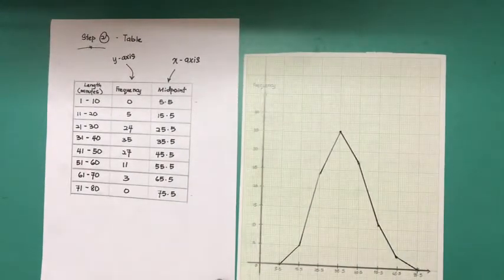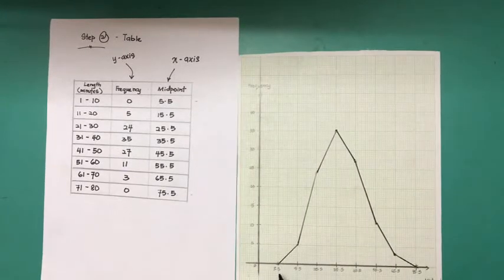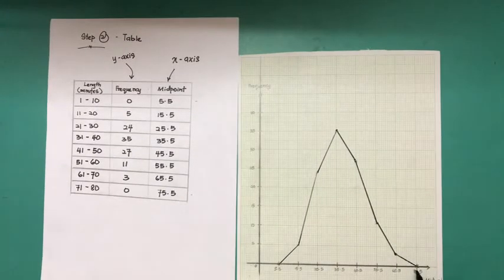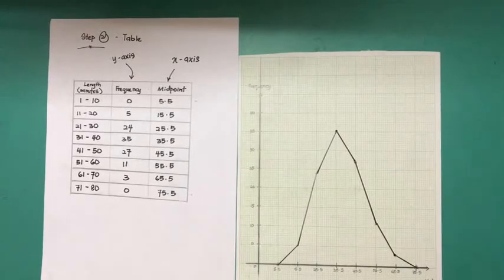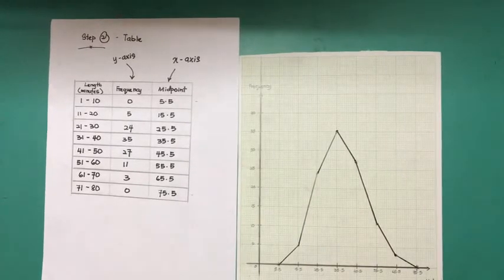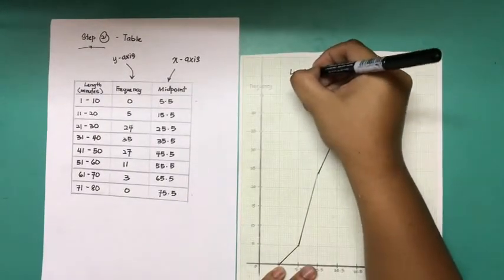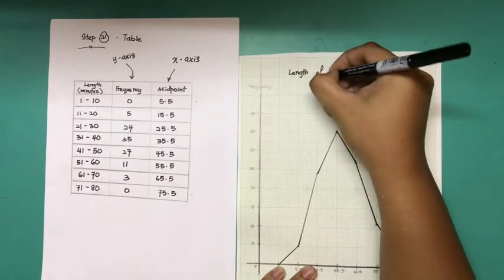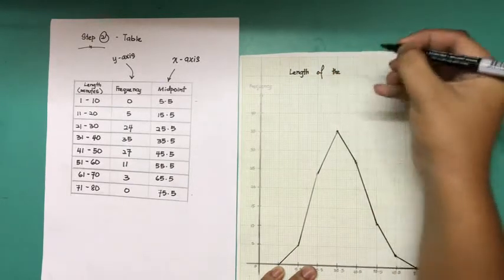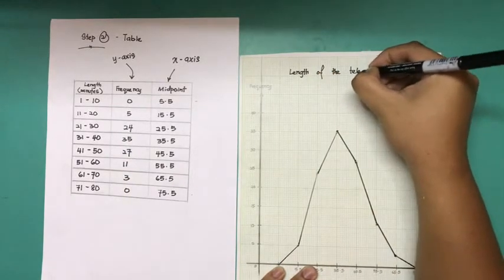As I have said earlier, frequency polygon must start from 0 and it will end at 0. And don't forget the title for this graph, that is length of the telephone calls.